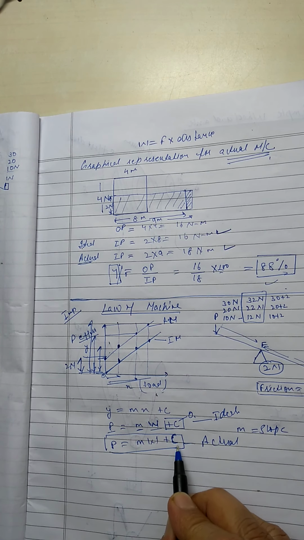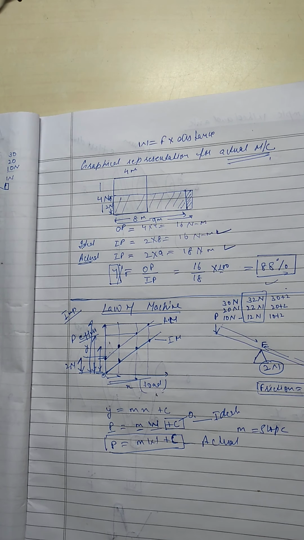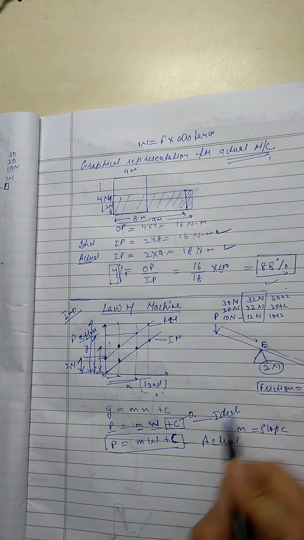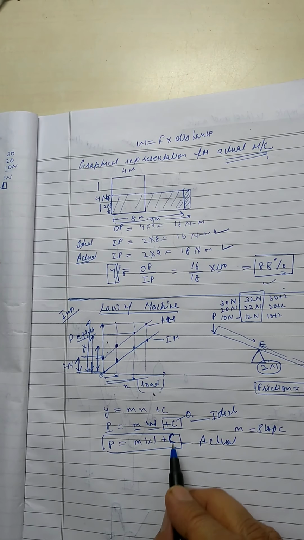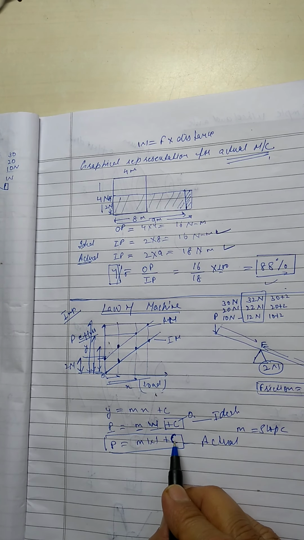C stands for the extra effort which is applied to lift the load, which is equal to the frictional force.